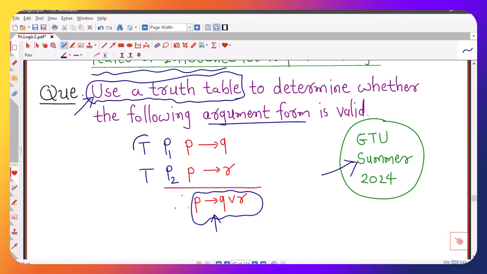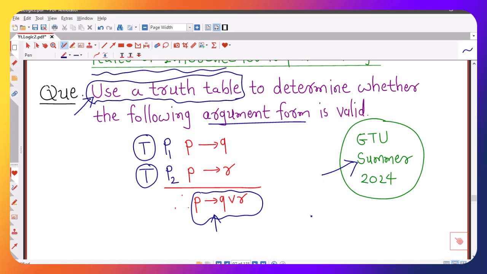So whenever all the premises are true implies that the conclusion is also true, then we can say that the given argument form is valid.